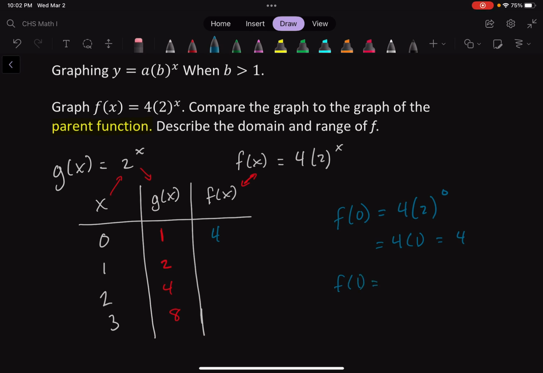And now we want to find out when x is 1. So I'm going to plug this in. 4 times 2 to the first power, which would be 4 times 2, which is 8. And then f of 2. Let's rewrite that, make that a little cleaner.